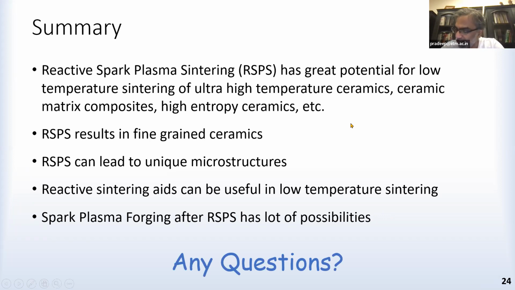So the pretty key point here is the very short time during which this reactive spark plasma sintering is occurring. Now, when you do this, obviously in a solid, the growth along multiple directions, you touched upon that, can have different kinetics. So as a result, you can have a specific kind of crystallographic orientation.